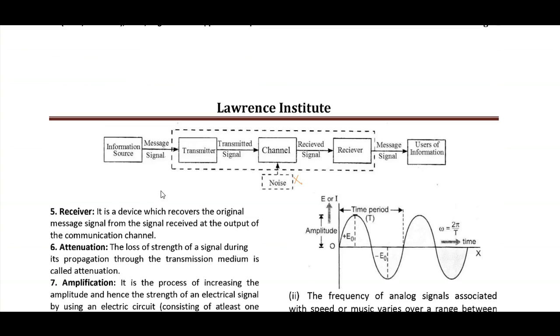Addition of noise we want to avoid, and then when this signal reaches the receiver, the receiver receives the signal. Now this is a signal which is not in the form of exactly information. From the receiver, electronic or computational processes will take place, and finally we will get the message signal, and the user will use the message signal.